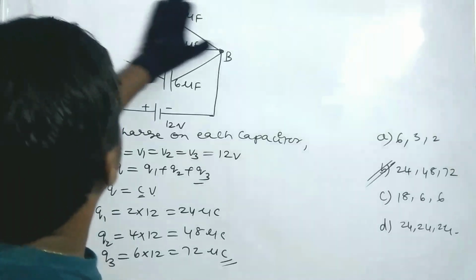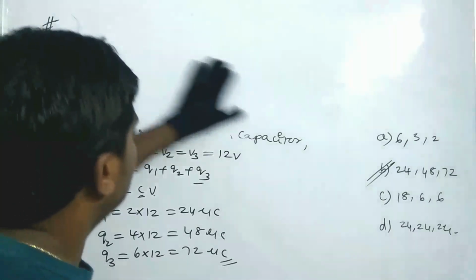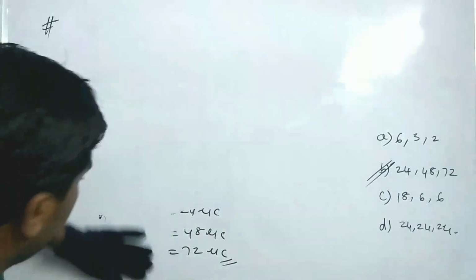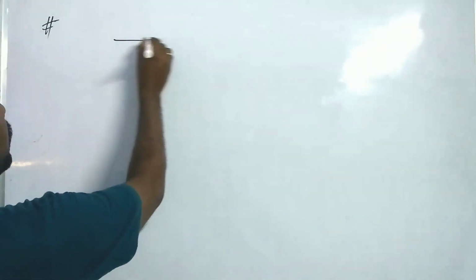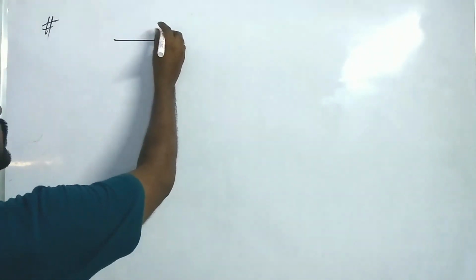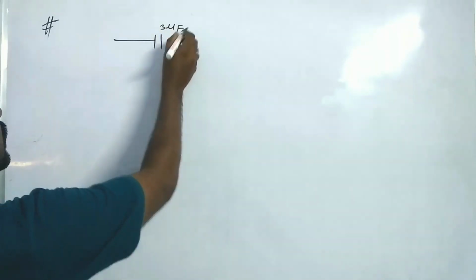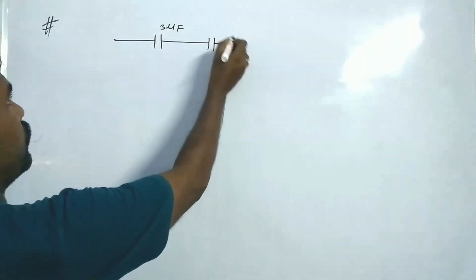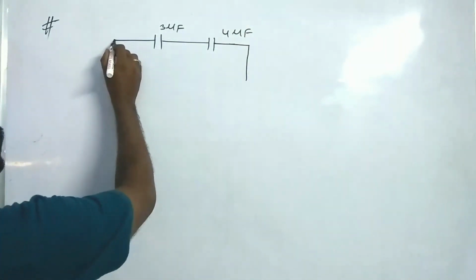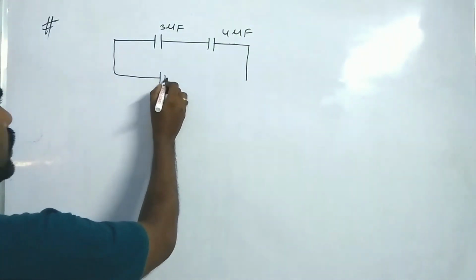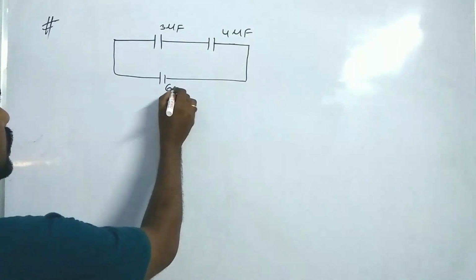And now one more. Suppose there is a capacitor of 3 microfarad and another capacitor of 4 microfarad connected to a potential of 6 volts.